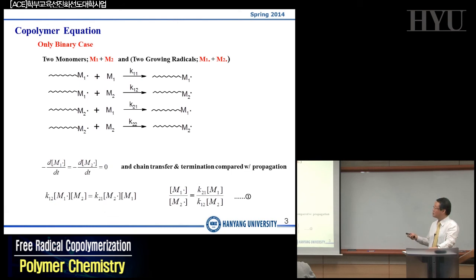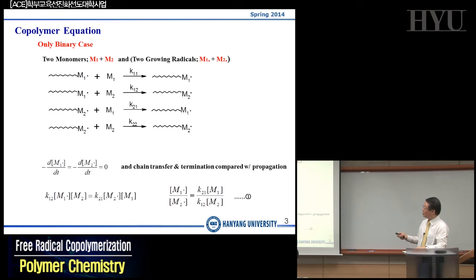So you have four chances to make the growing chain in the copolymerization reactions. K11, K12, K21, and K22 are the rate constants for each case. If K11 is larger than K12, then there is a greater probability of M1 dot meeting M1 rather than M2.